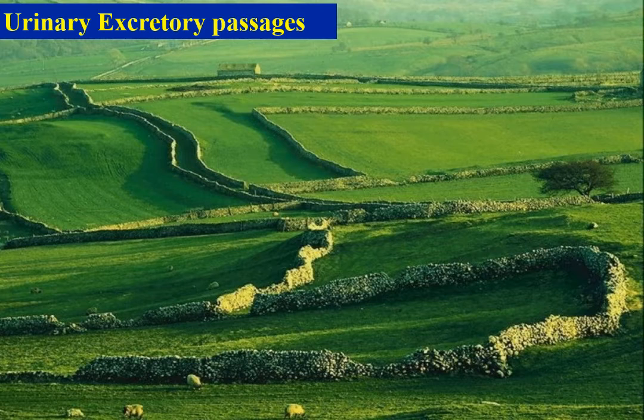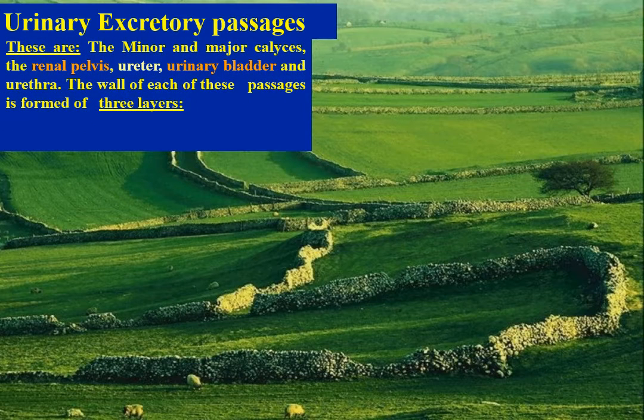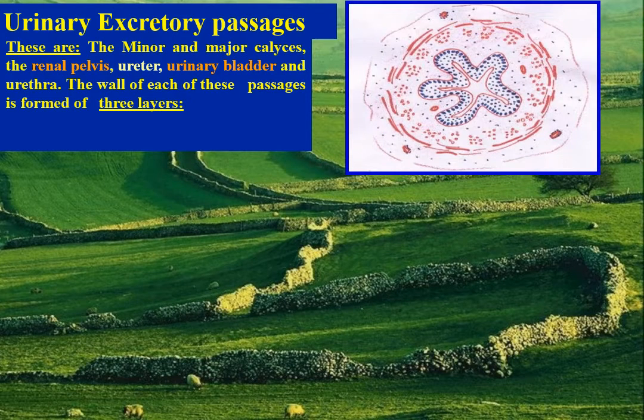These are the minor and major calyces, the renal pelvis, ureter, urinary bladder, and urethra. The wall of each of these passages is formed of three layers: mucosa, musculosa, and adventitia.